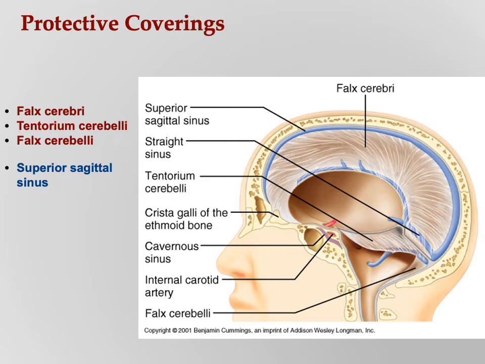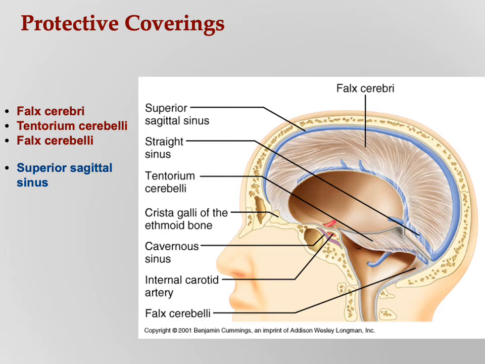Now, the dura mater folds down into the longitudinal fissure and lines both sides of it. Therefore, it creates a membrane that goes down into the cerebrum. That's called the falx cerebri. There's the same sort of thing that separates the cerebrum from the cerebellum. In fact, it makes like a little tent over the cerebellum, so we call it the tentorium cerebelli.